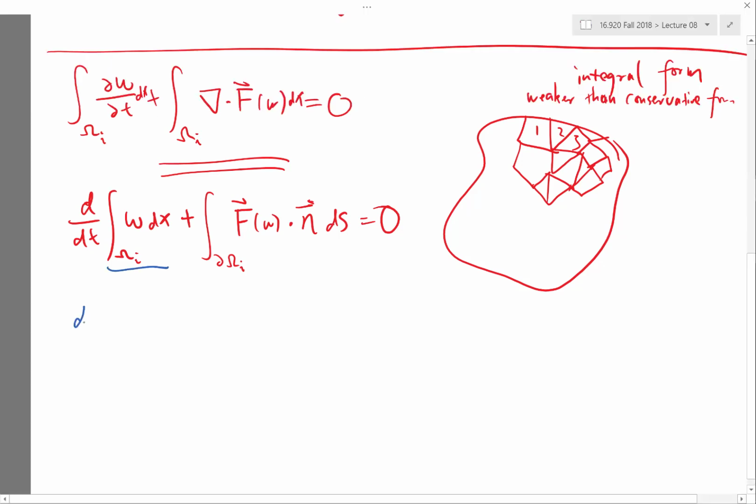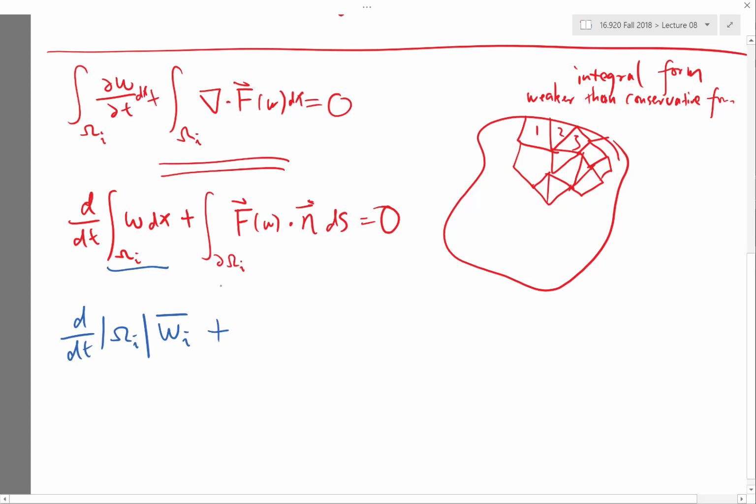Let me just call V_I the size of the cell. Some people write it like an absolute value, but it's actually the area or volume of this volume I, times W_I average, the average value in the cell.